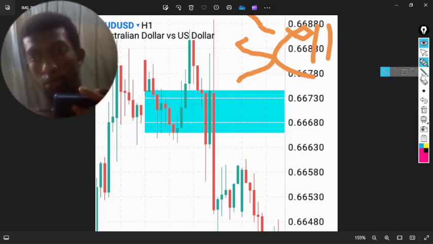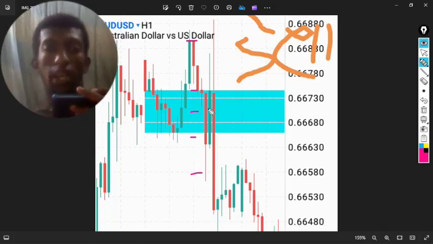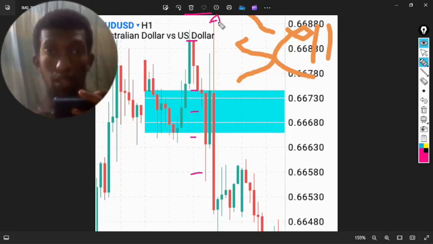If the price hadn't hit TP3 for this black box down there, TP1, TP2 and TP3, I would have sold up there. Why? 2.5% was not broken. Look, your stop loss is up there, bro. So right there is a sell.